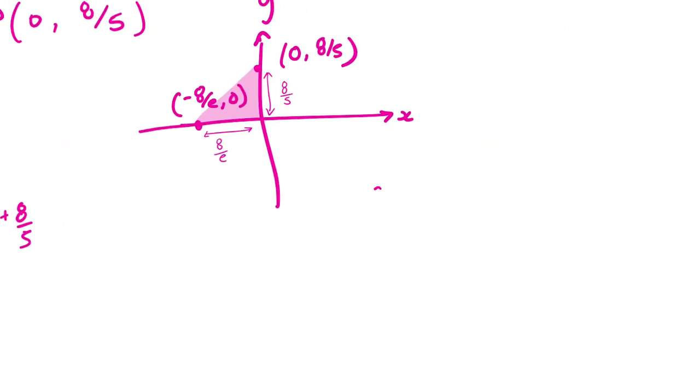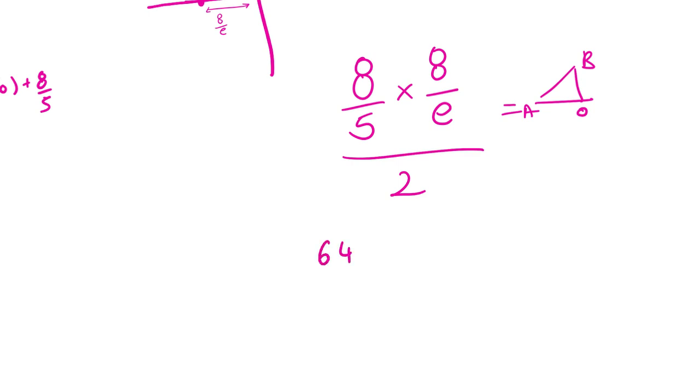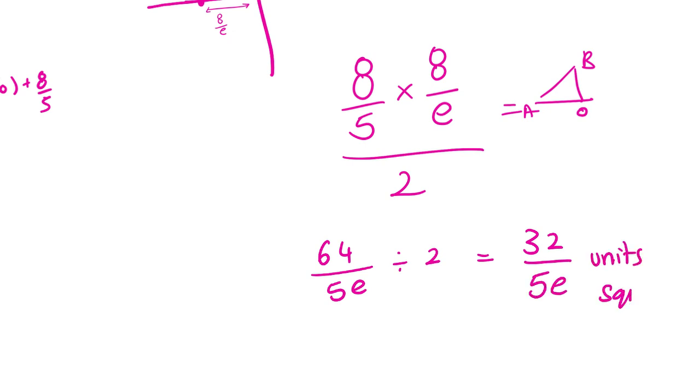So base times height, 8 over 5 times 8 over e, and then we're going to divide that by 2. It's going to give me my area of the triangle AOB. So I'm going to get 64 over 5e. If I divide that by 2, that's the same as times a half, which is 32 over 5e units squared.